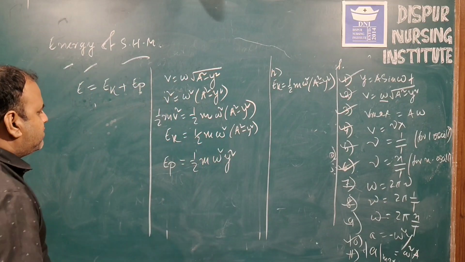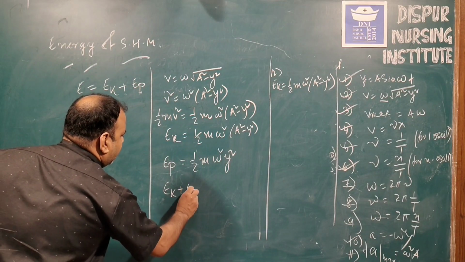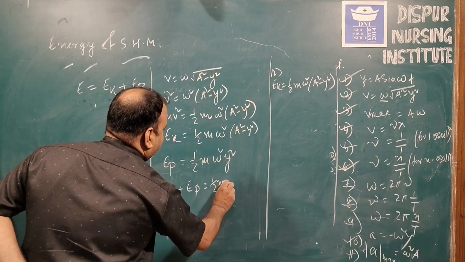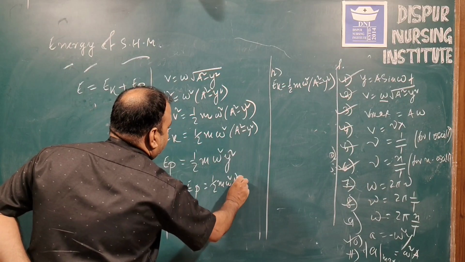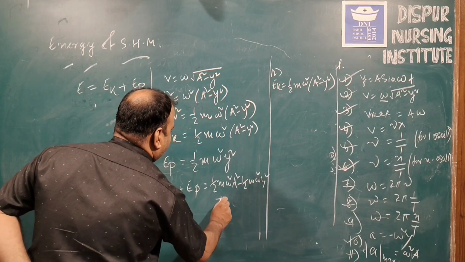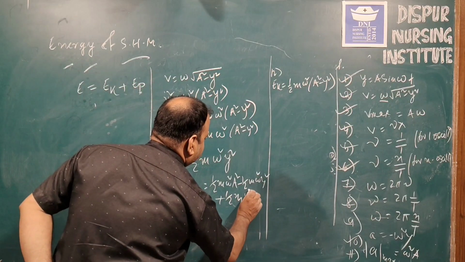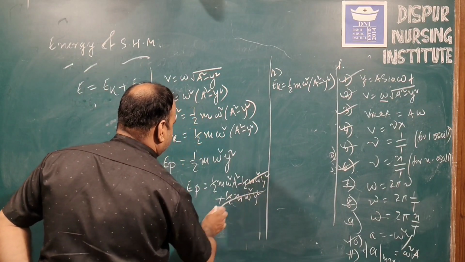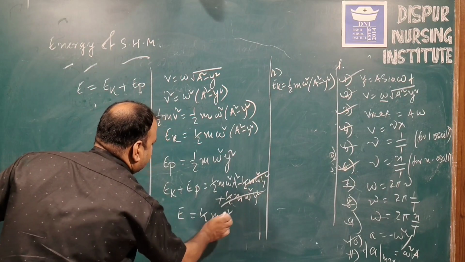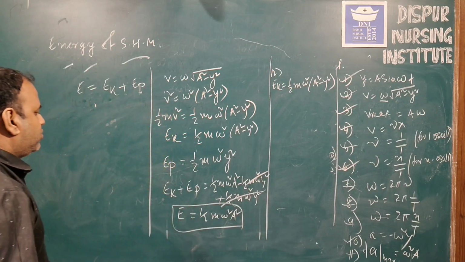After adding, that means Ek plus EP, this value will be cancelled: half m omega square a square minus half m omega square y square, plus half m omega square y square. So this value cancels, and total energy will be half m omega square a square. So this is your total energy.